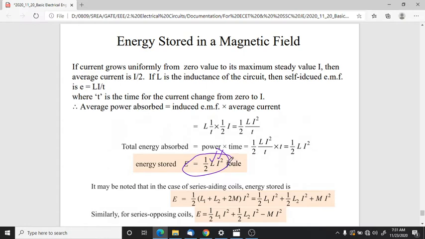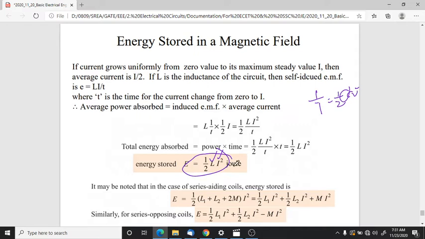This is almost equivalent to the energy stored in a capacitor. The formula for energy stored in a capacitor is half C V squared, where C is the capacitance and V is the voltage. In an electrostatic field the stored energy depends on the voltage, whereas in a magnetic field it depends on the current.